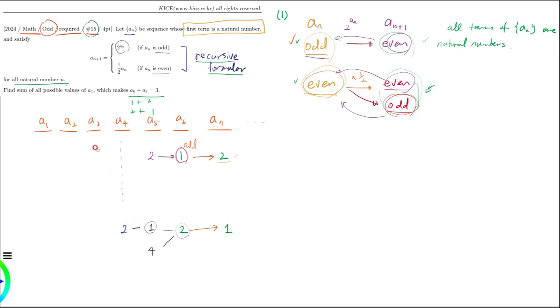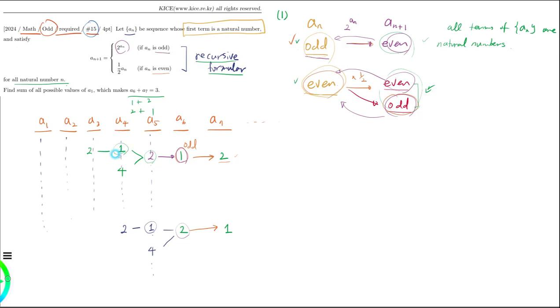And for the case of 1, odd, we have only one case here. Let's keep this line here so that we don't miss any terms in the middle. So I will use the result here. We have two possibilities, 1 or 4.